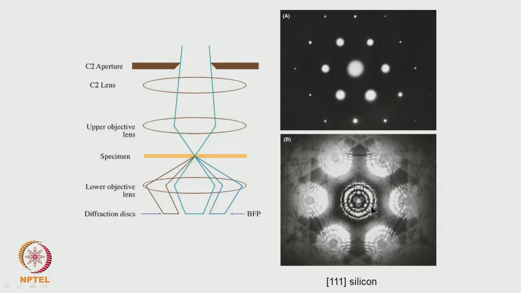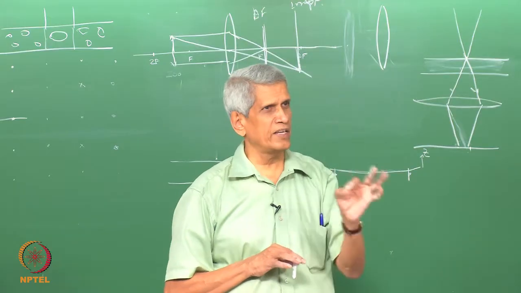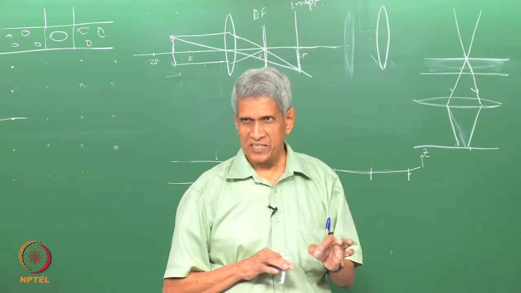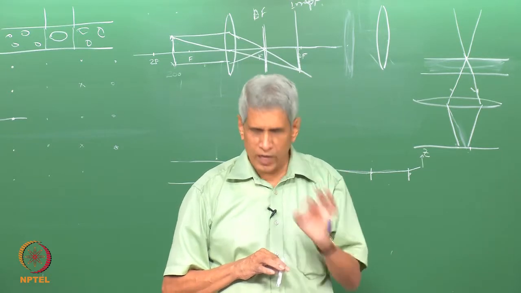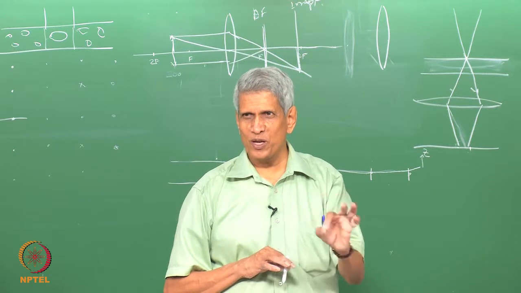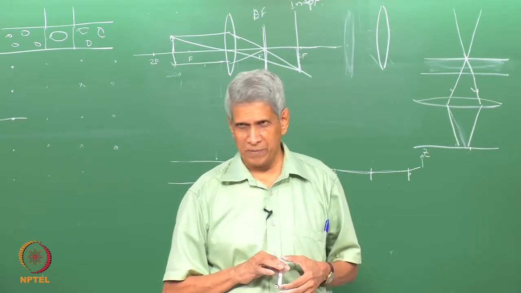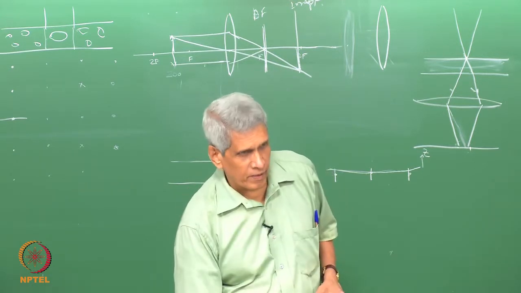Some lines could be seen, dark lines could be seen, there are so many things which you are seeing. All these things carry information about crystal structures. The whole game here is how to get useful information from this sort of pattern.